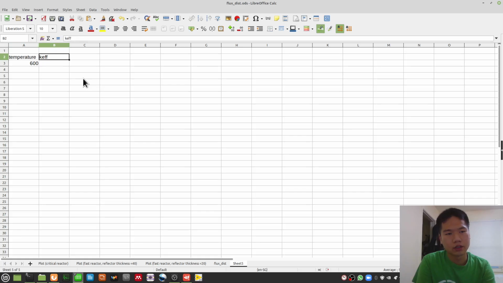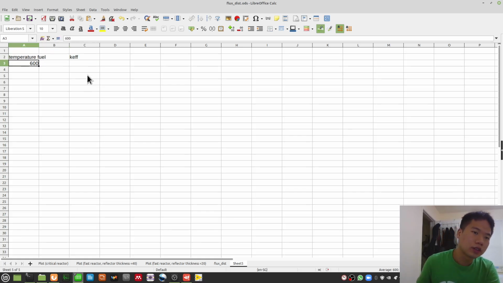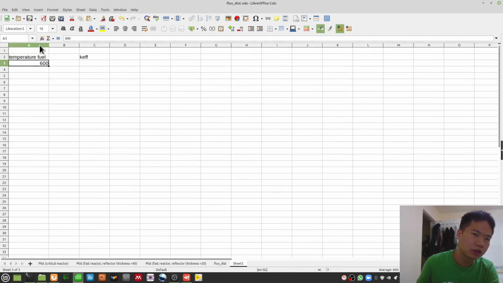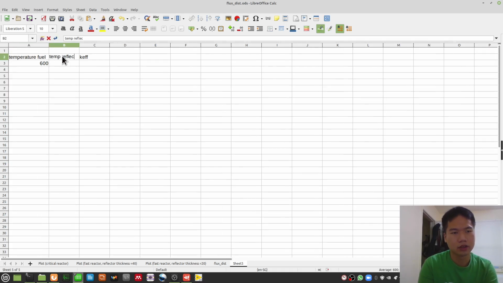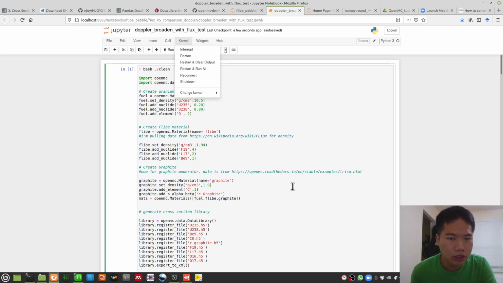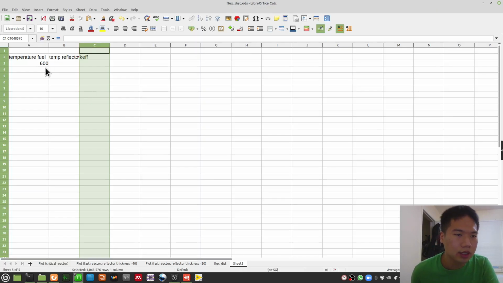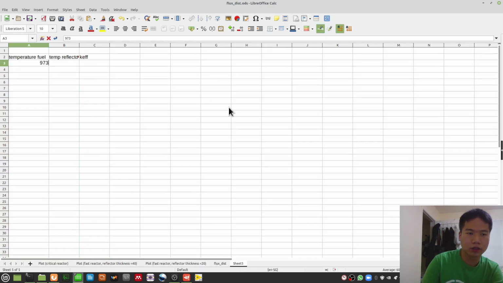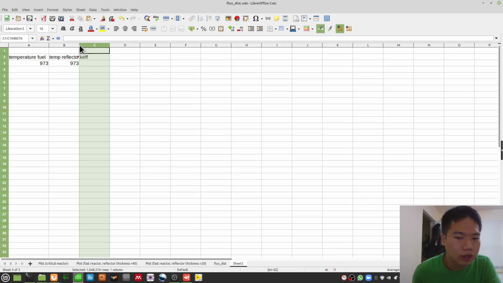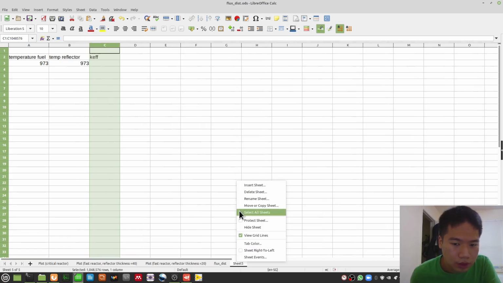Alright, temperature of fuel, temperature of reflector. The reflector one, I'm not going to touch it for now, but we just did 973 as a test.